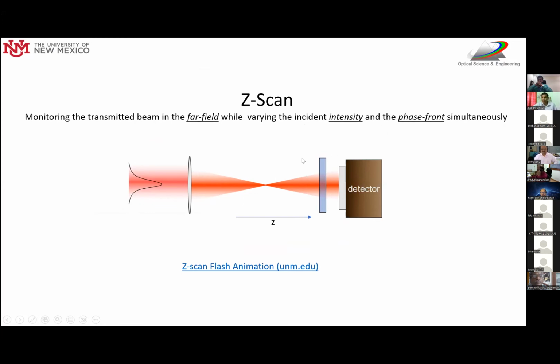And rather than monitoring the beam profile, it's best to just put an aperture there, which makes it very simple. Now, that's why I wanted to share my screen. I hope this animation works. If not, please give me a clue and I will stop it, because these Flash animations can no longer be embedded in PowerPoint.